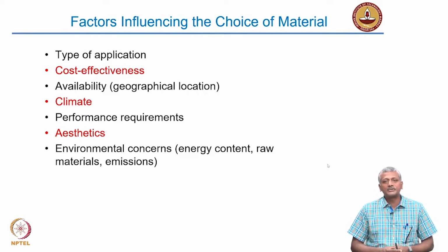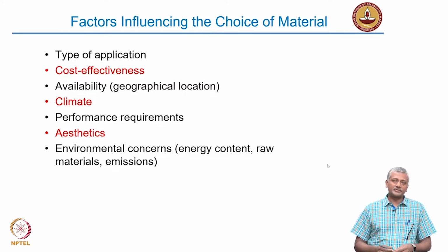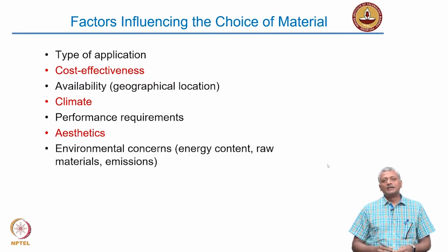Why? Because glass essentially lets in more heat, and when you let in more heat, it's going to heat up our building. Most of our country is in the tropical region. And here, the amount of heat can be tremendous, especially if you're in the south of India. And if you're having glass facades, it's going to let in a lot more heat.